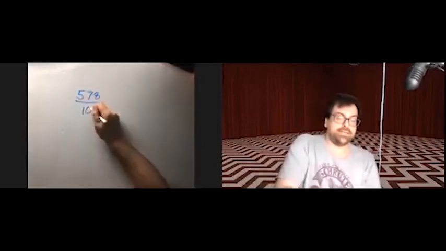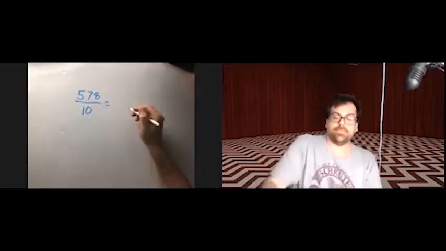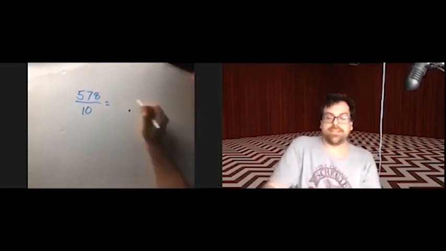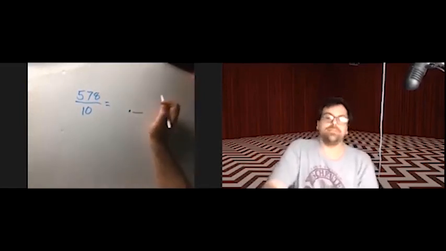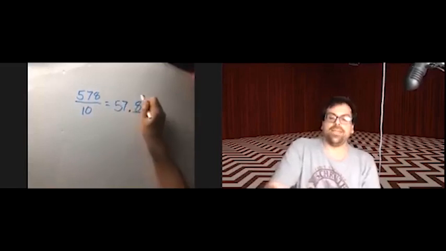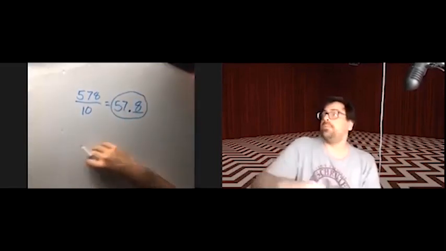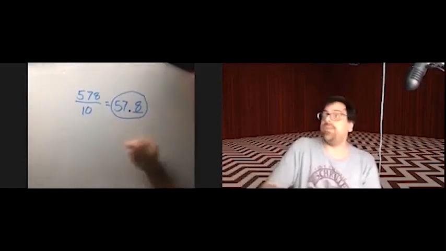578 tenths. It's improper, so we're expecting something to the left of the decimal point. Tenths. The number has to end there, which means the 57 gets pushed over the decimal point. 57.8. 57 and 8 tenths.